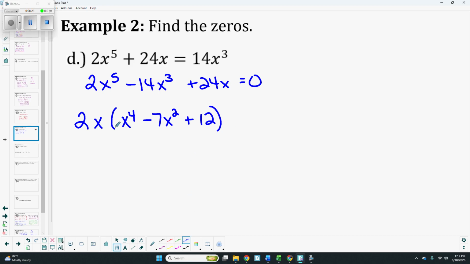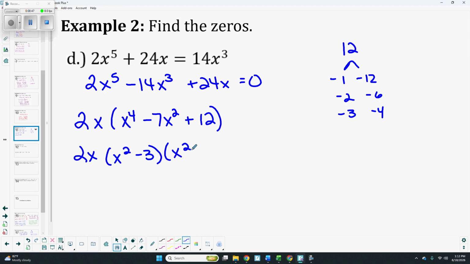We don't have a number in front of this. This 2 is half of 4, so this will work. So we're going to take the two numbers that multiply to 12, that add to negative 7. Negative 3 and negative 4 does it. So it would be x squared minus 3 and x squared minus 4. So setting 2x equal to 0, we get x is 0.